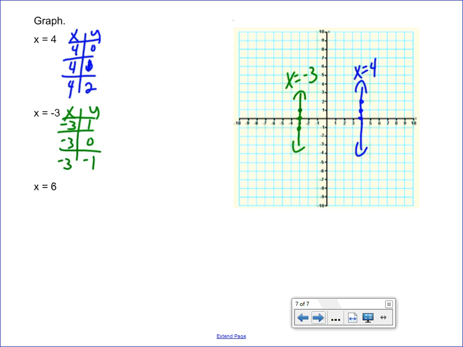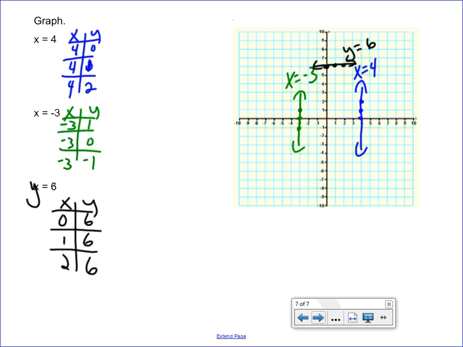So then if I change this one to y equals 6, now we just have to put a 6 in for the y, and these could be whatever we want. So now I've got these points. So this is now y equals 6.